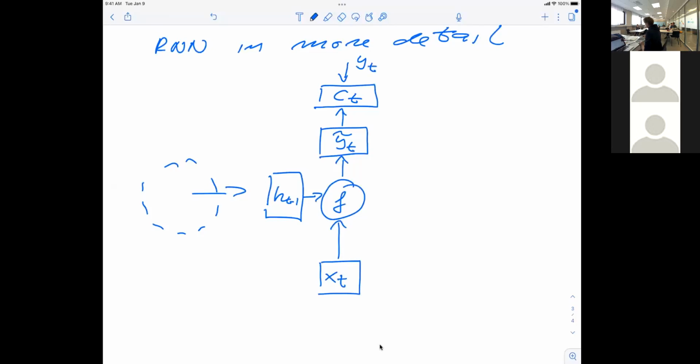So y of t is the data which results from a measurement made at a time t. Then this function f actually produces an input to the hidden layers h of t at the time t. Sorry, I should take that one away.